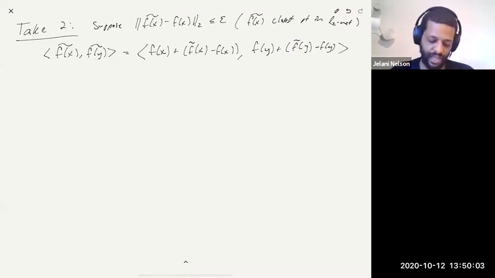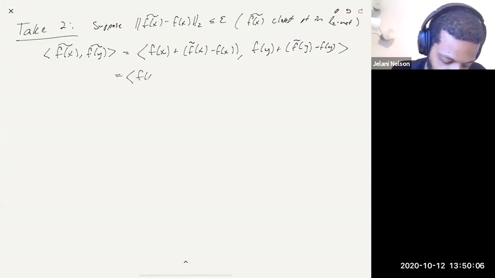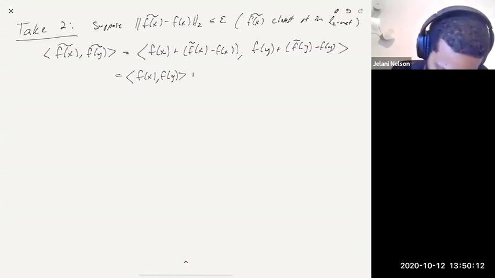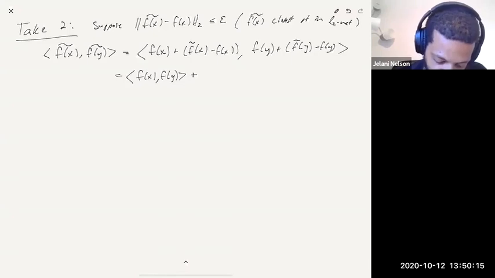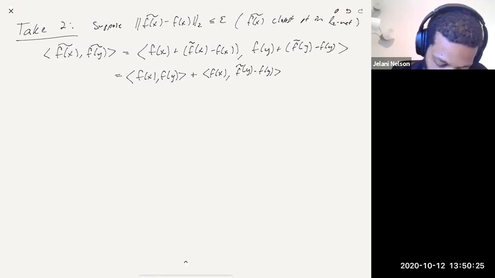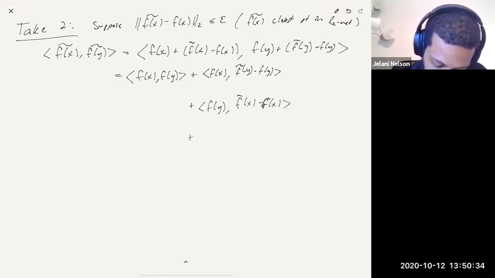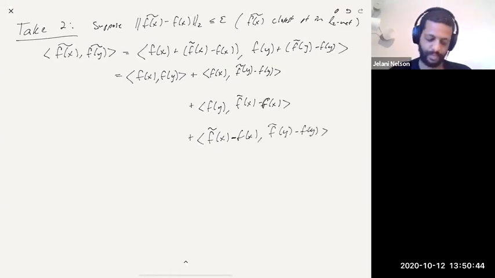Then I can use distribution and say this is equal to f(x) dotted with f(y), plus the error terms: f(x) dotted with (f tilde(y) minus f(y)), plus f(y) dotted with (f tilde(x) minus f(x)), plus (f tilde(x) minus f(x)) dotted with (f tilde(y) minus f(y)). So these other 3 things are the error terms.